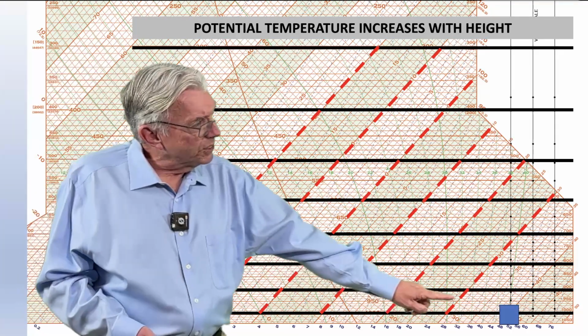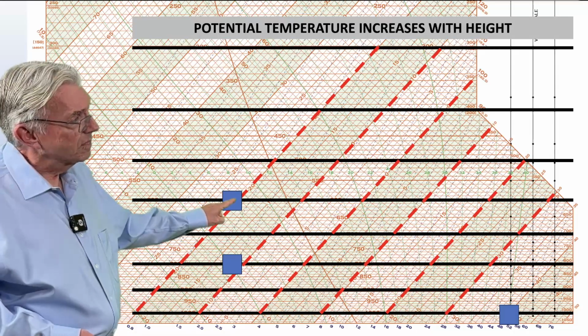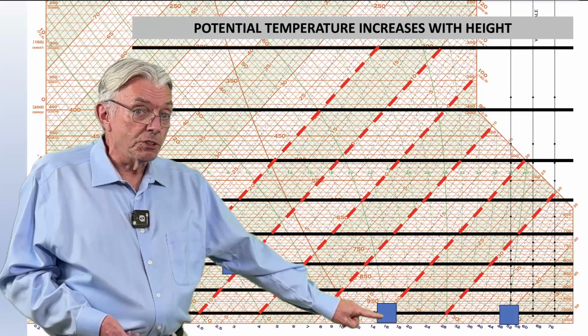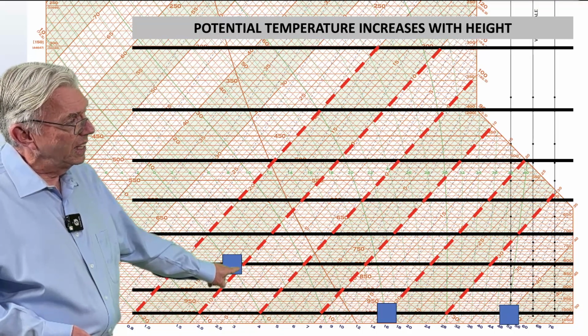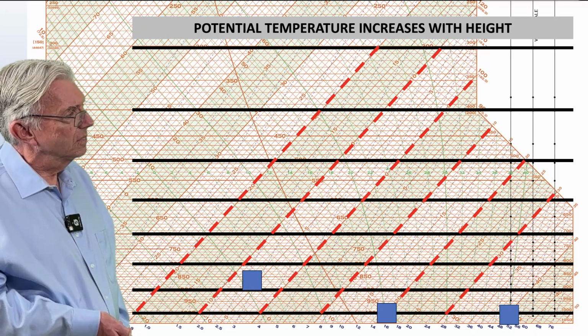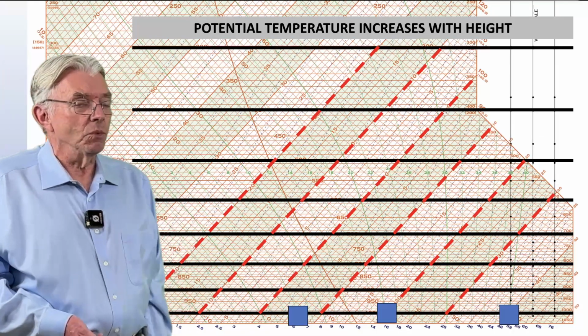So its potential temperature is going to be way over here. This one, as it goes down the dry adiabat, its potential temperature is much cooler. And this one doesn't have far to go at all, and its potential temperature is going to be even cooler still. There we go. Okay, so potential temperature increases with height.